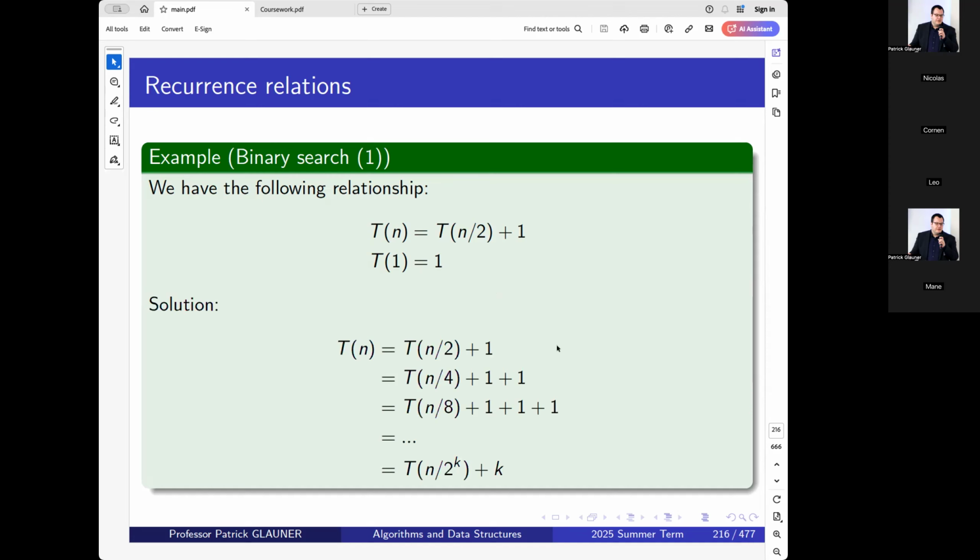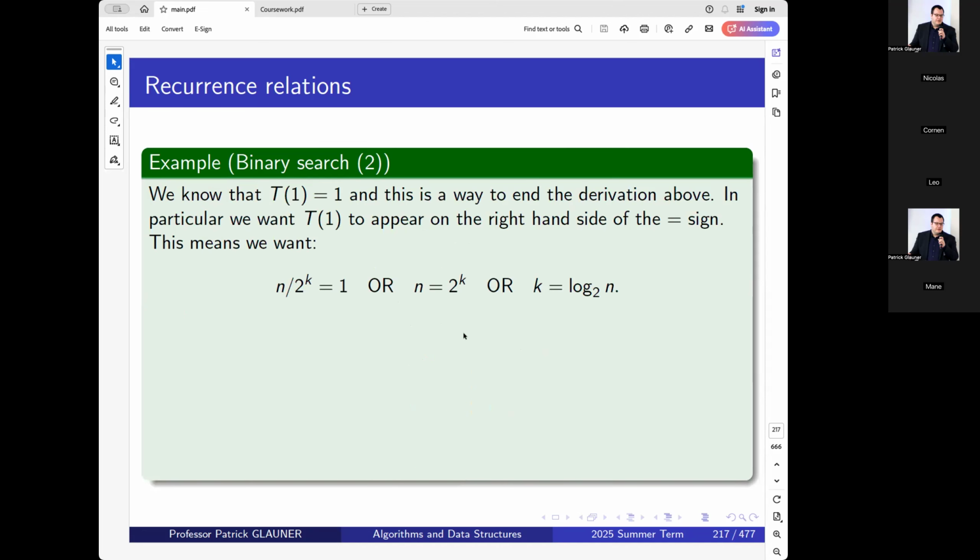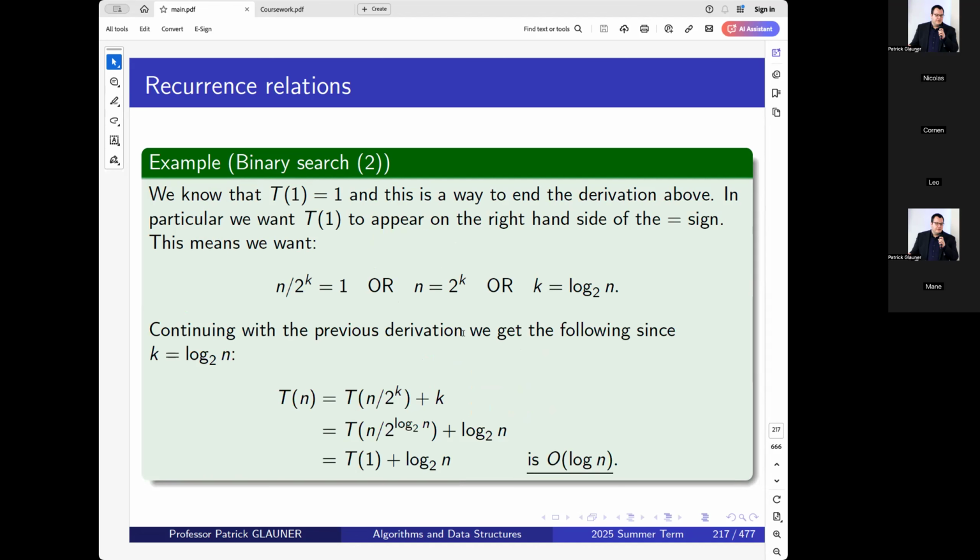What we do is we apply the recurrence relation to itself over and over. So n/2, n/4, plus in each recursive call, we add a 1 here, until our n is so small that we are in this base case. So we see a pattern, and then we solve for k, which describes how the number of steps we are doing in a recursive call depends on n.